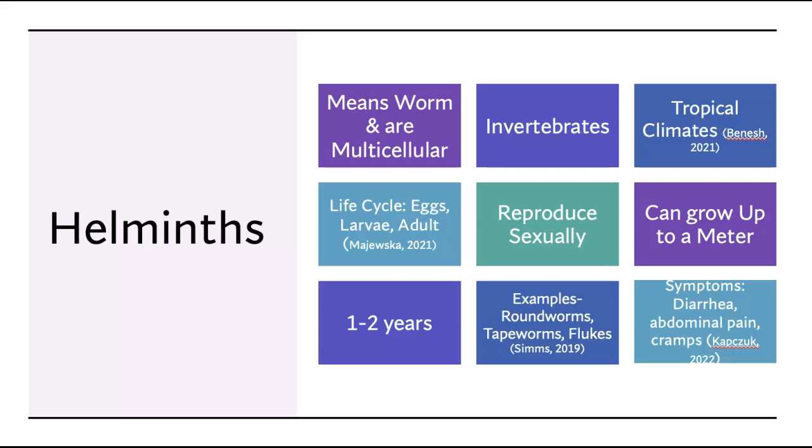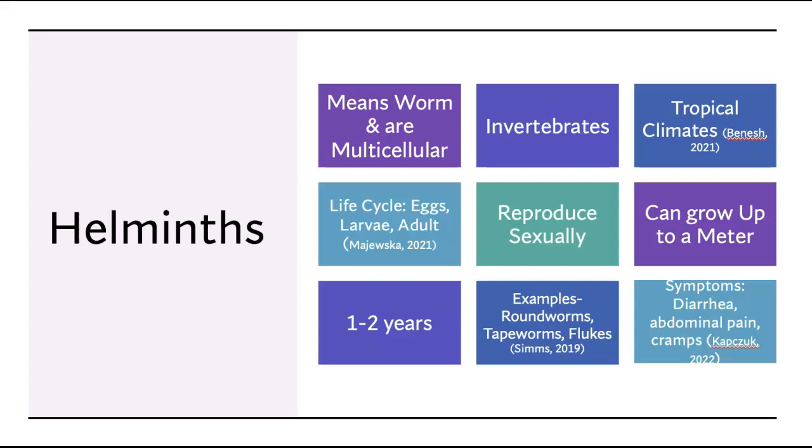They reproduce sexually, and they actually have pretty complex reproductive systems, which I found to be interesting. They can be pretty small, a few micrometers, but they can grow up to 1 meter in length. So you could confuse one with a snake worming around on the ground, but it could also be a helminth.